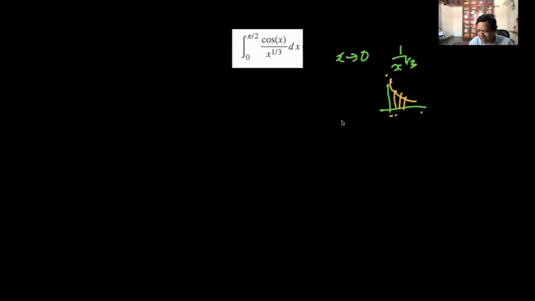We need to make some changes. A simple idea is to subtract 1 in the numerator, so cos x minus 1, and add 1. So cos x minus 1 by x to the 1/3. Now what about this integral, is it singular or non-singular? cos x minus 1 will be x squared by factorial 2, divided by x to the 1/3.